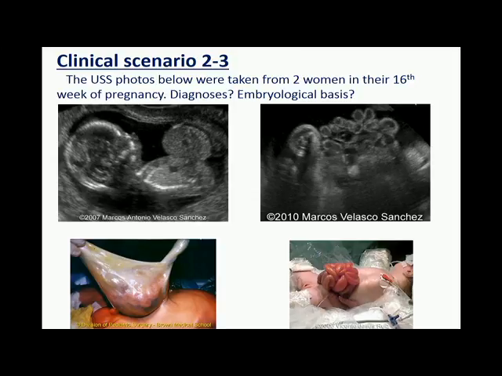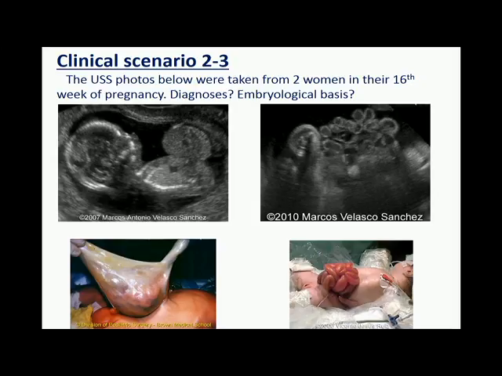Right? So that usually occurs with the flexion. During flexion, the ectoderm and mesoderm all fuse. So defective fusion of this during flexion can cause a gross abdominal wall defect.